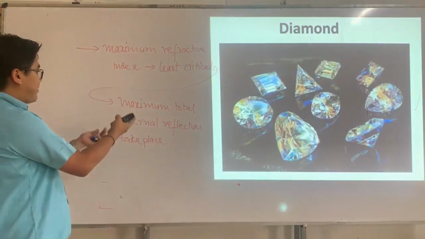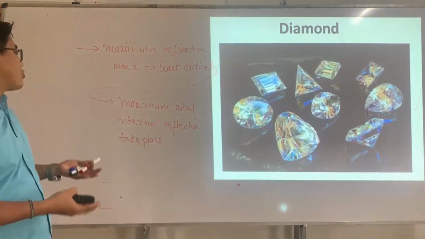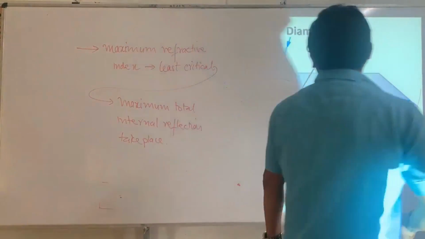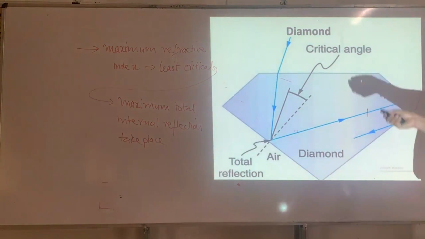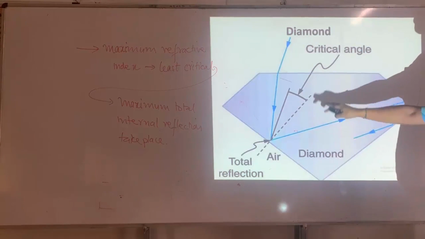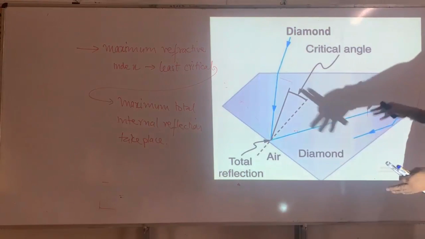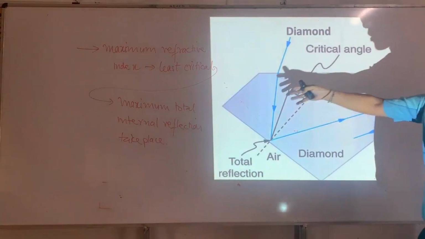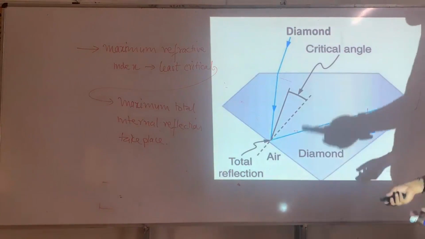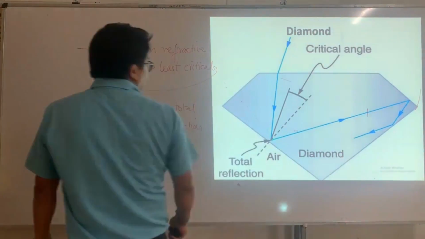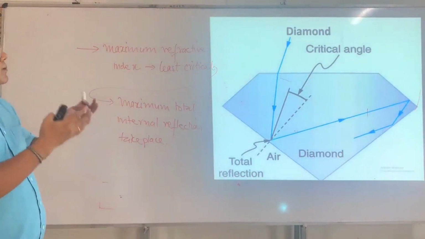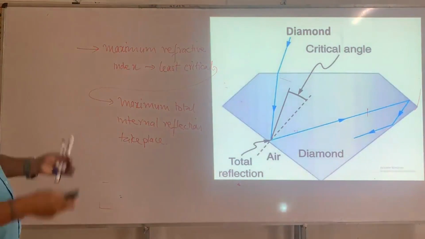Because there will be greater total internal reflection. This is a light falling on a diamond, and you see the light undergoing total internal reflection. Instead of light going out from the diamond, it undergoes total internal reflection. So therefore, you see a shining, what we call the spectacular brilliance of diamonds.